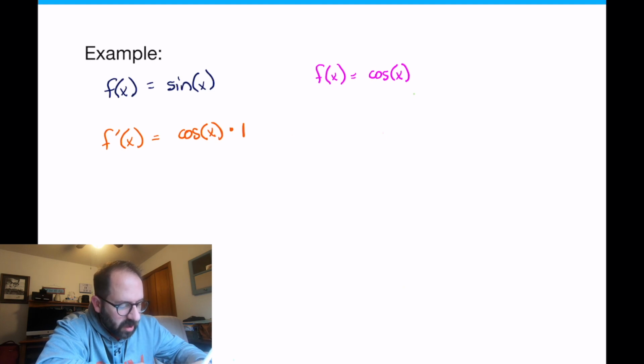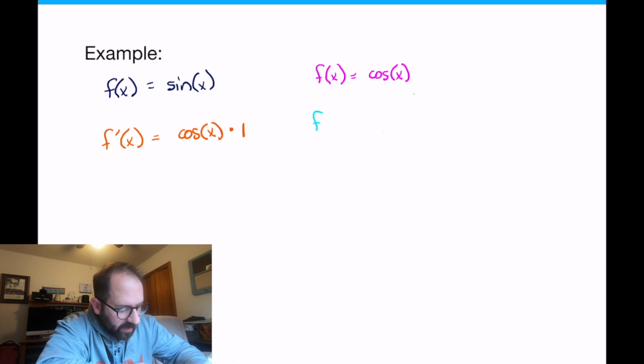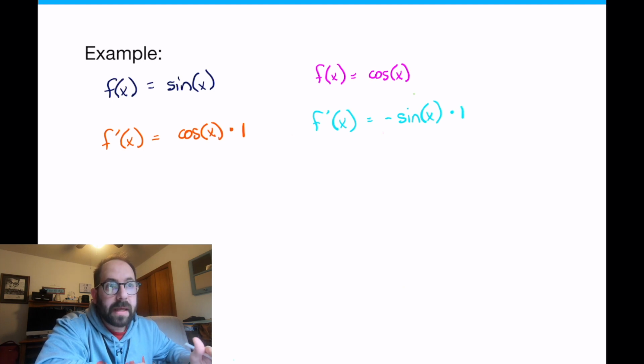So the derivative of cosine ends up being, so f prime of x ends up being a negative sine of x, and then you take it times the derivative of what was in the parenthesis again. So that would be a 1. So if there's something really complicated inside the parenthesis, inside cosine, you take it times that derivative after. So that was cosine. And then the last one we covered was tangent.